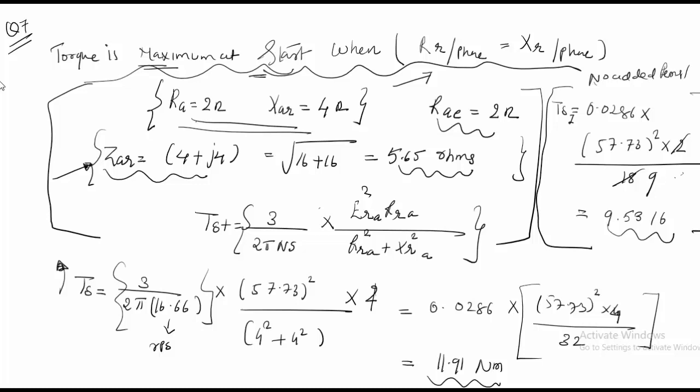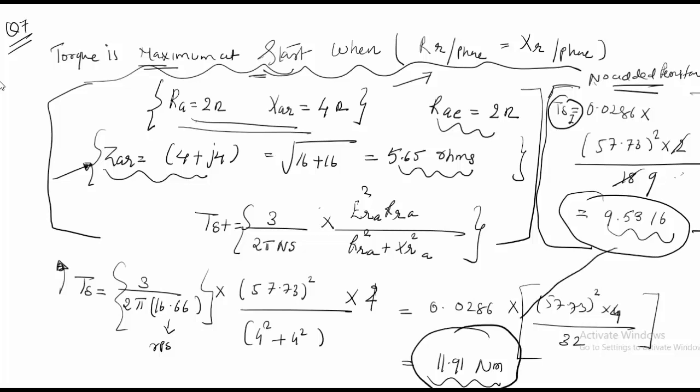But now the big question that comes is, for this motor, the torque has increased only by a margin of something like 3, or if you calculate it accurately, it was 11.91 minus 9.5316.